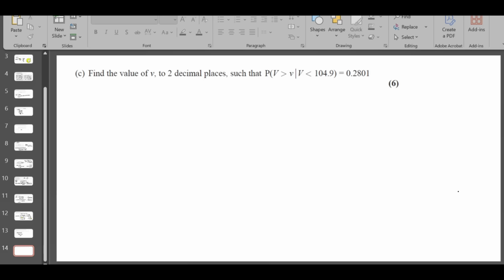Now part C, it's a 6-mark question. We need to find the value of V such that this conditional probability is given. So let's apply the formula for conditional probability.